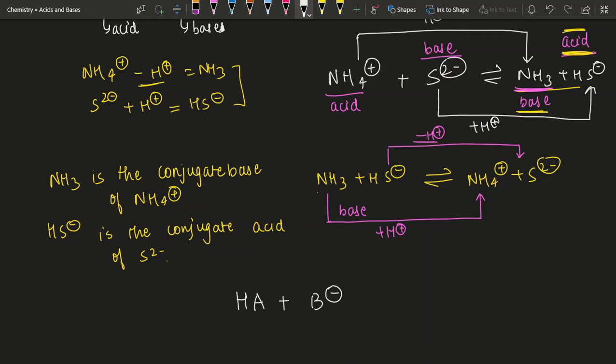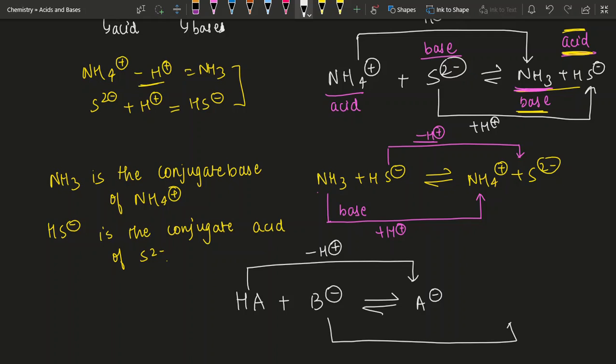And once you react it, let's just represent it with double arrows. Then that would form A minus, since the HA would give away its H plus, and that proton that it gave away, it will add to the B minus, and it will form HB.